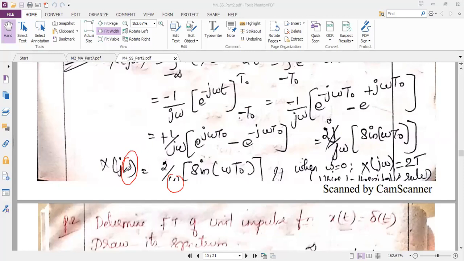Since here in the denominator we have omega, if omega is equal to 0, and also sine of omega t naught, sine 0 is 0. 0 multiplied with 2 is 0. Similarly, the denominator omega is 0, means 0 by 0. This is an indeterminate form. So this answer is valid only when omega is not equal to 0.